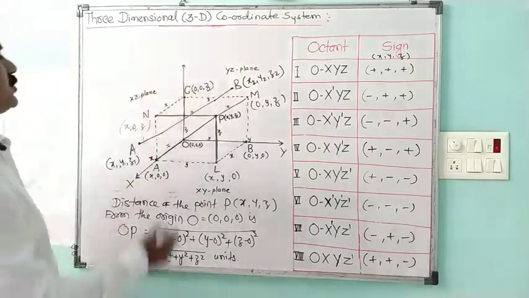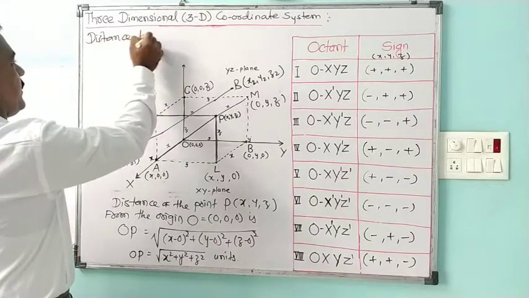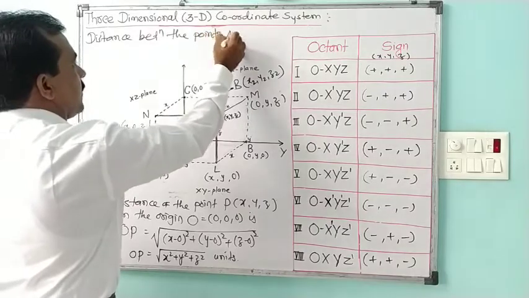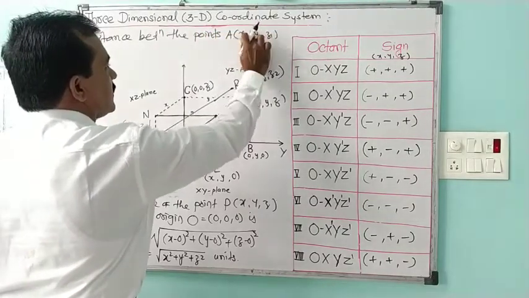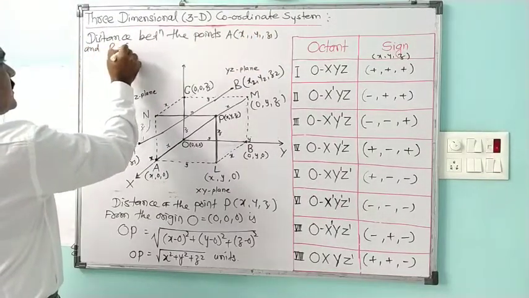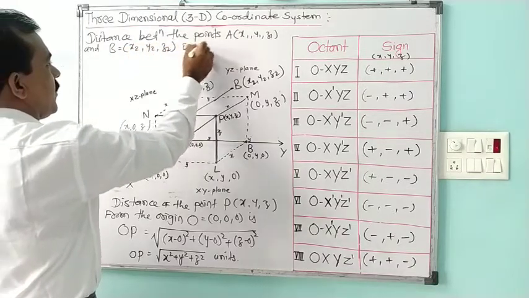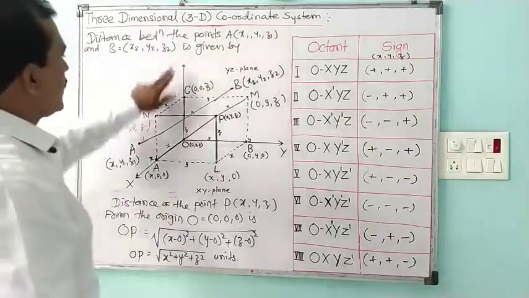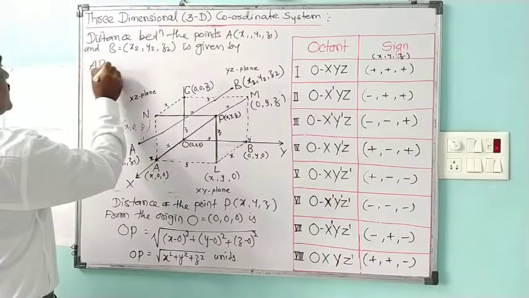Then the distance between the points A (x1, y1, z1) and B (x2, y2, z2) is given by the same distance formula, extending one extra term in the root.